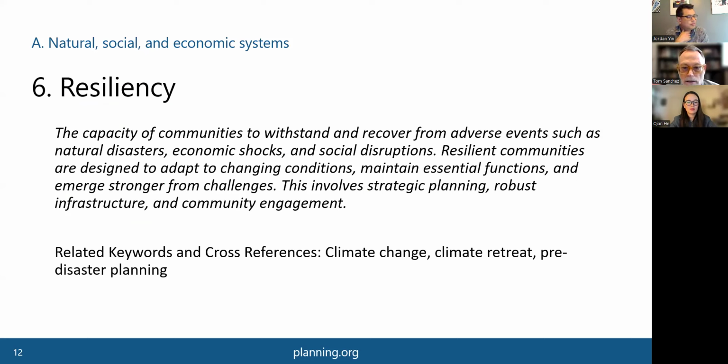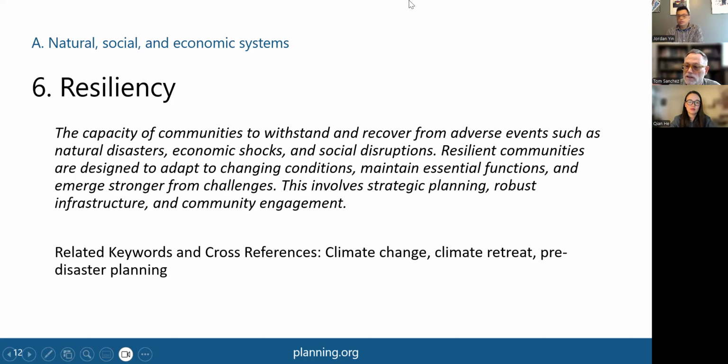And on the topic of resiliency, I think this is similar to sustainability in terms of how we've seen the language evolve in this area. So resiliency is the capacity of communities to withstand and recover from adverse events such as natural disasters, economic shocks, social disruptions.